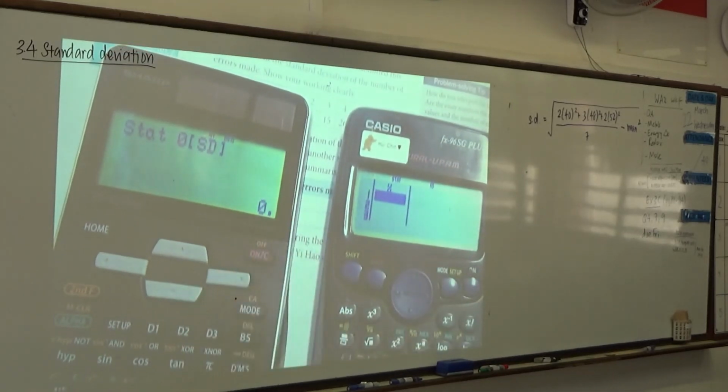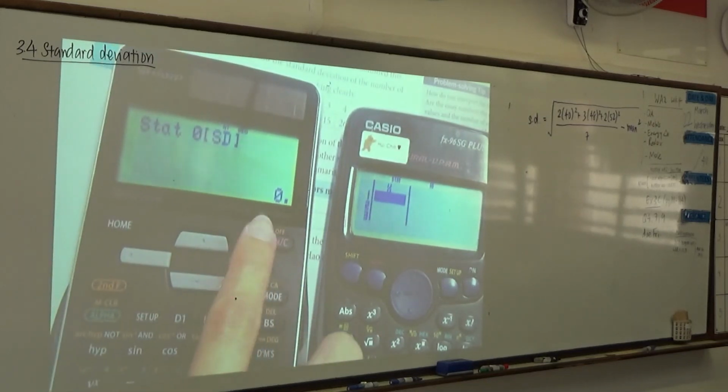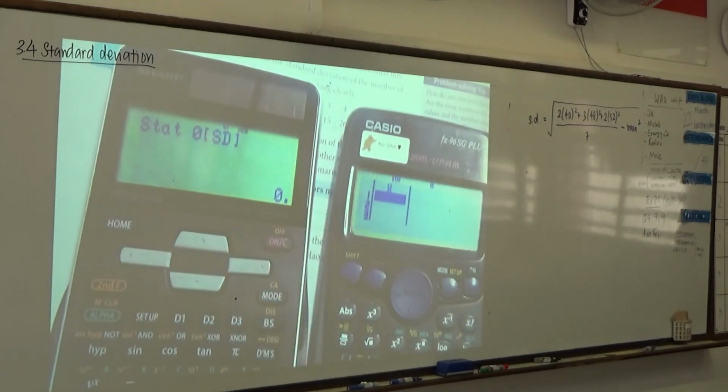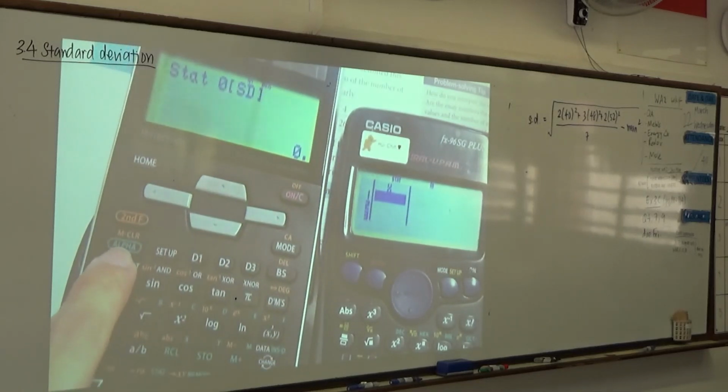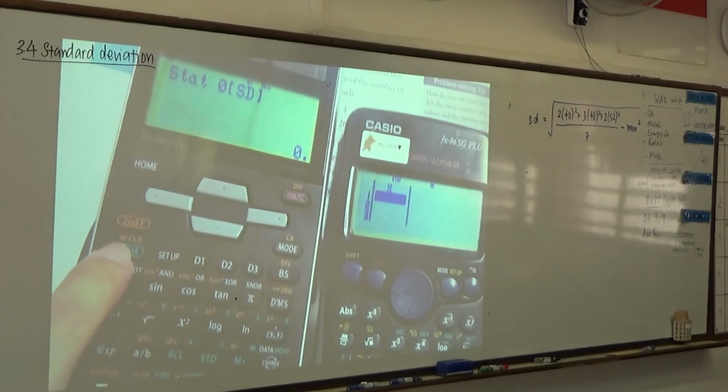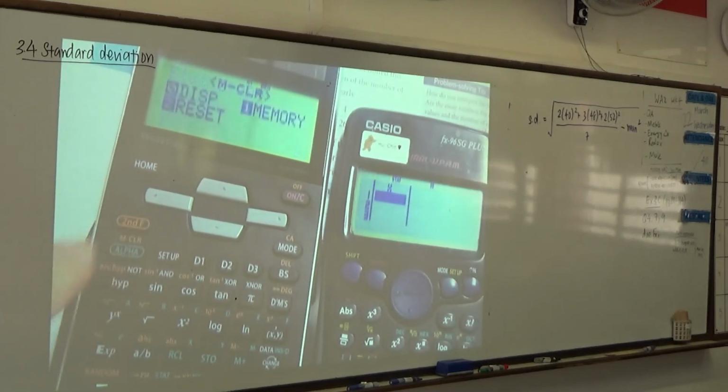Then for the Sharp one, likewise, in order to clear, you can press this alpha button on the top. There's memory clear. So second function alpha, then you can just reset.